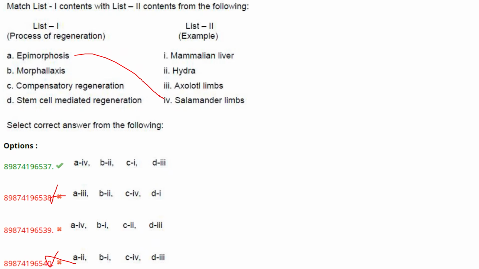So no new cell division or growth is taking place in the case of morphallaxis. So it is hydra. B is 2, that means you can eliminate option 3 and 1 will be the answer.